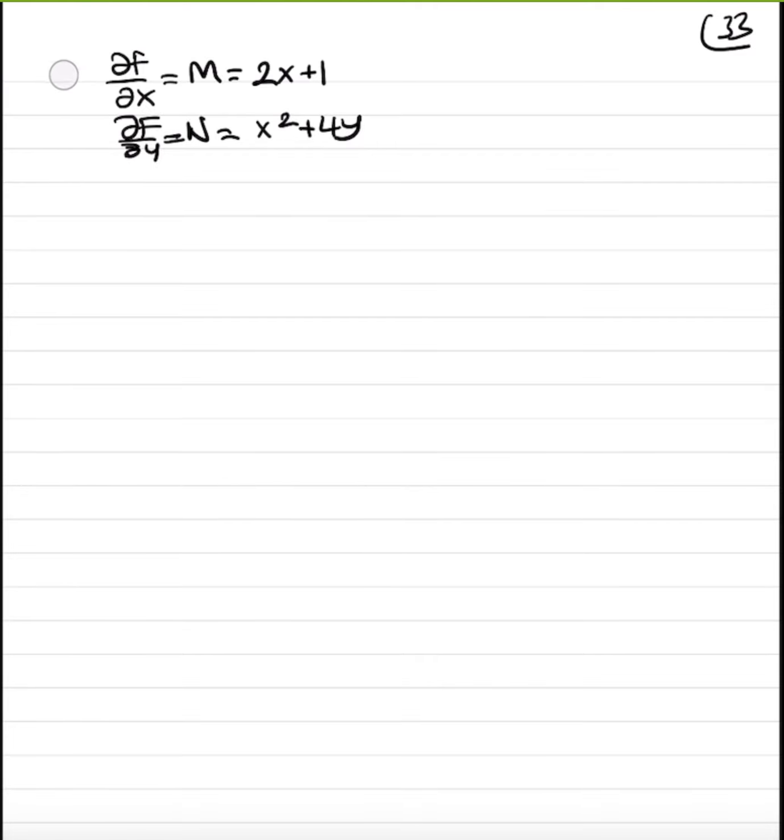We will just integrate. To find f, choose one of the equations and integrate.